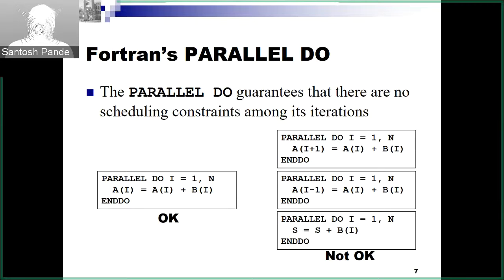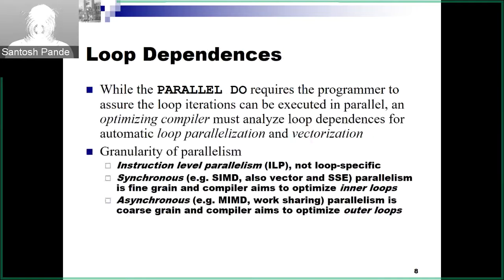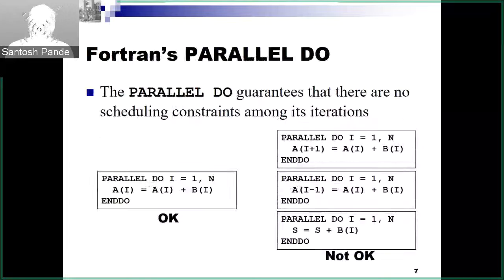So the question is, how do we detect, how do we make sure that the code on the left-hand side, which is A of I, is just fine, but the ones with A of I plus 1 and A of I, or using a scalar s, are problematic for parallelization?